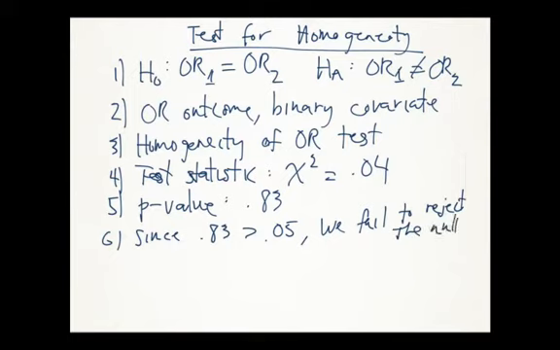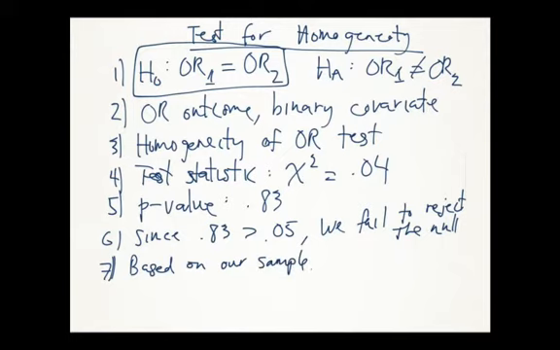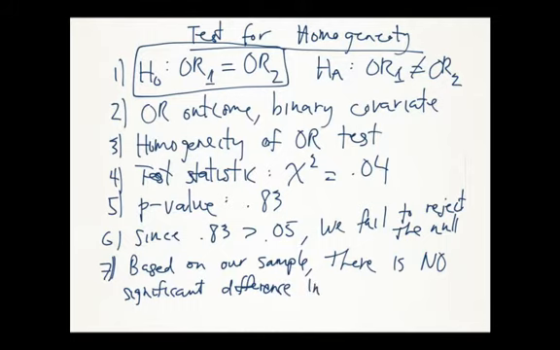Remember, our null was that the two odds ratios were the same. So we fail to reject that null. And in step 7, where we state our conclusion in words, remember we usually say, based on our sample, there is no significant difference in odds ratios by group.